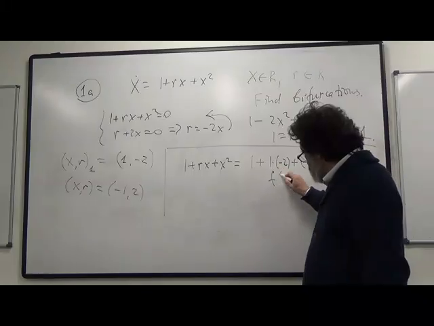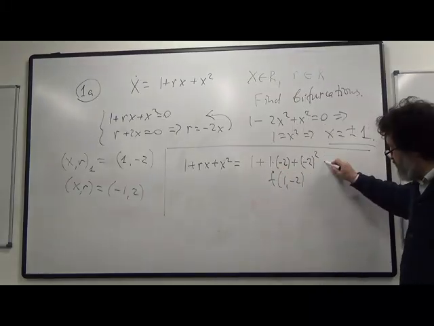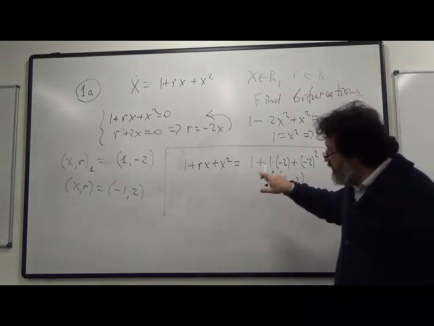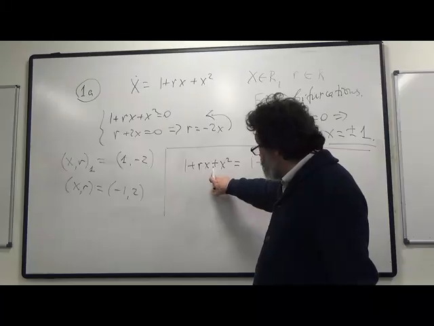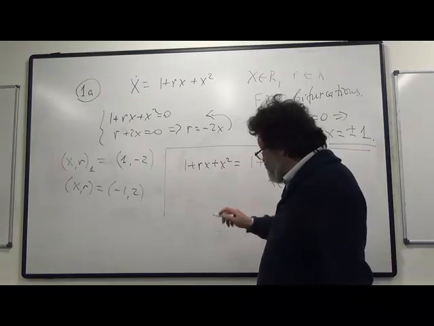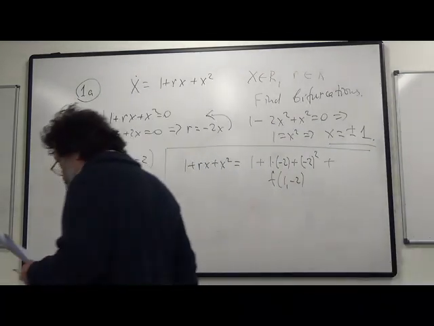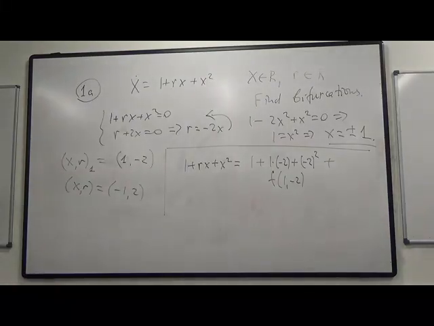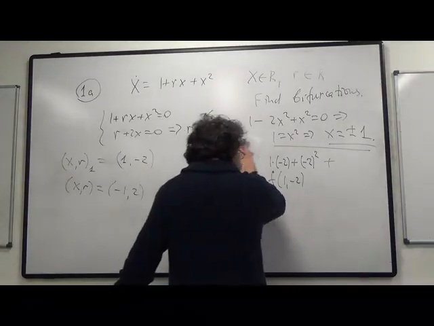This is f at 1, minus 2. The next will be the derivative of this over x, which is r plus 2x. Well, I will put it like this, it will be confusing. I will do it a different way.